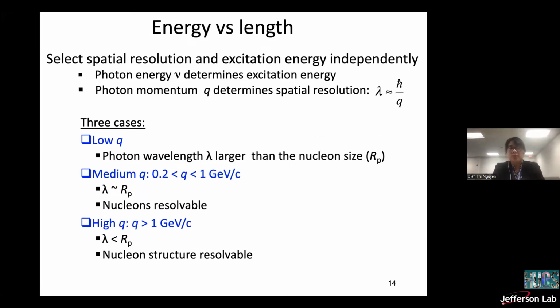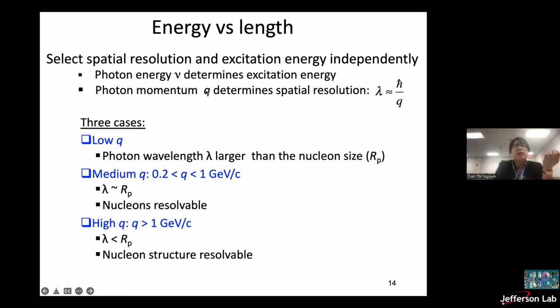So I mentioned that this electron scattering interacts with the nuclear target by exchanging a virtual photon, right? So that virtual photon is represented by that transfer four vector. It has an energy component nu, or omega, and it also has a three-component momentum, the Q vector there.